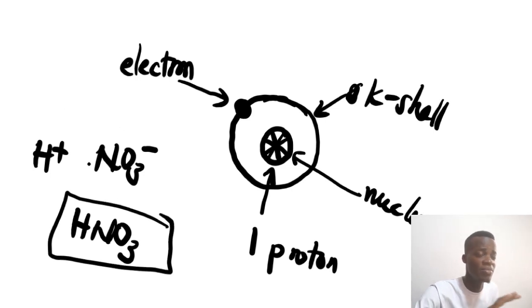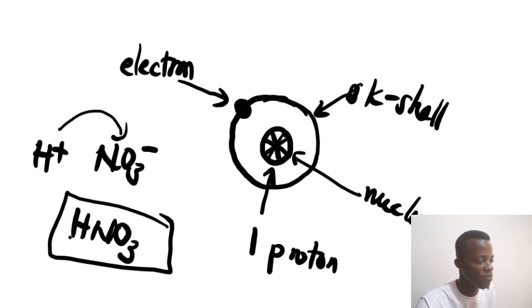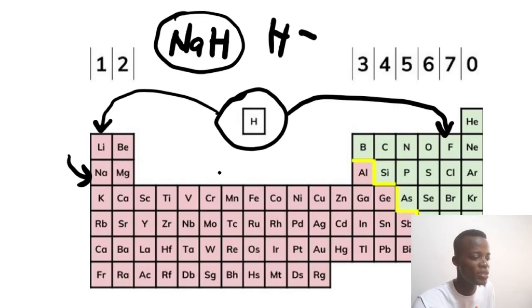We'll talk about the naming and all that later, but we have to understand that in this moment, hydrogen is acting like a giver to this particular species to form HNO3. That's how hydrogen has both behaviors, and for that reason we have to put it at this position on the periodic table.